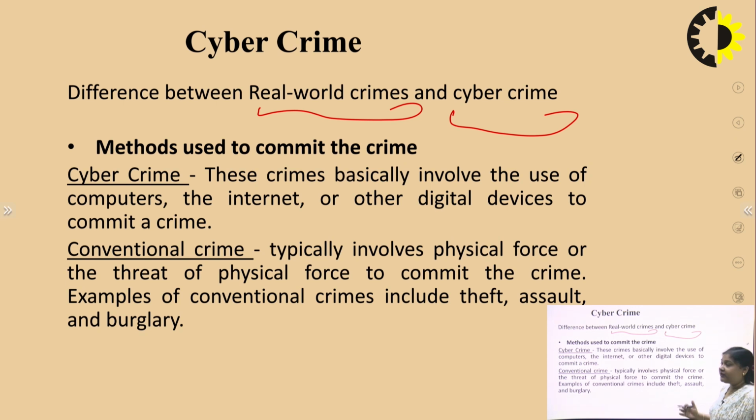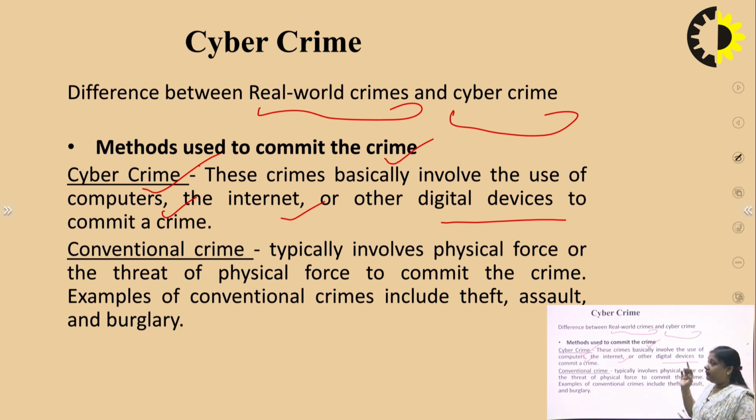So first of all, we can differentiate it on the basis of the methods that are used to commit the crime. If we talk about cyber crime, then this type of crime involves the use of computers, internet and other digital devices to commit a crime.